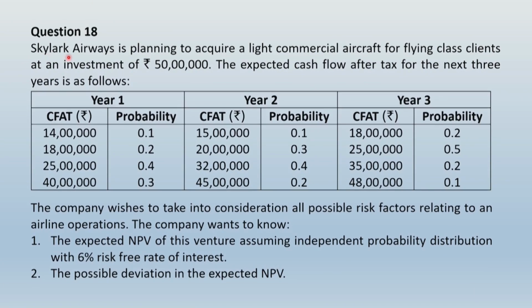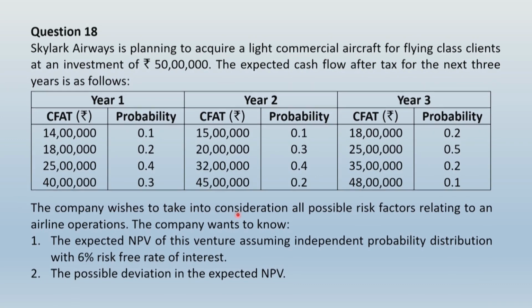It says Skylark Airways is planning to acquire a light commercial aircraft for flying class clients at an investment of rupees 50 lakhs. The expected cash flow after tax for the next 3 years is as follows. They have given you year 1, year 2 and year 3 cash flows along with their probabilities.